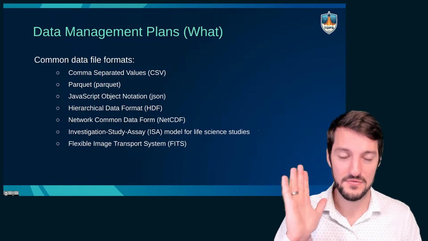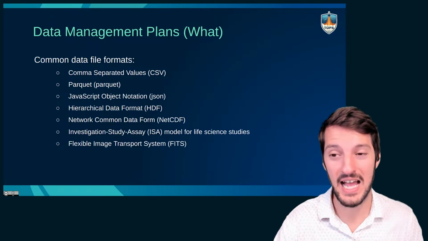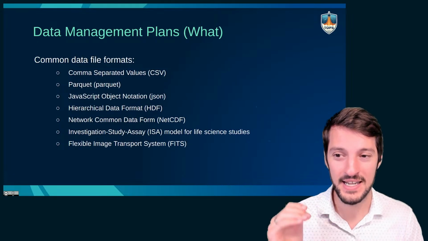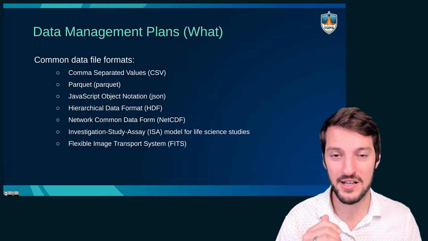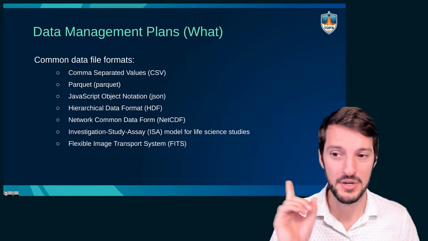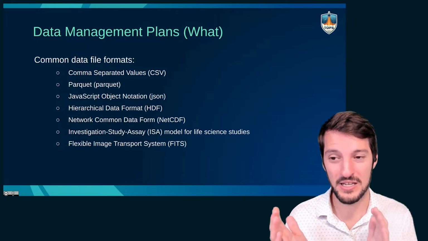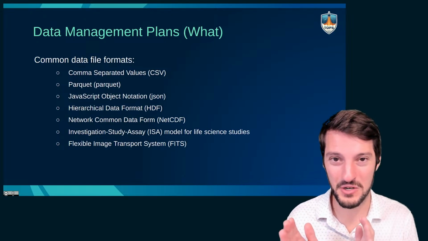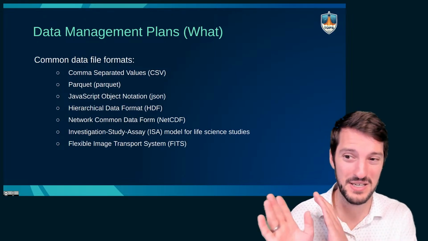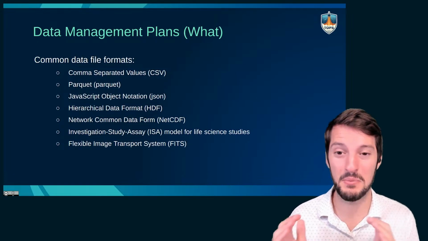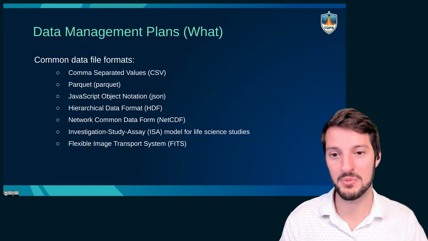Parquet files, though, are specifically for tabular data. They're typically for large volumes of tabular data, and they're becoming an increasingly common standard to use. But I will say, for large data that you're going to want to store in a Parquet file, I'm not talking about 100 rows. I'm not talking 1,000 rows. I'm talking about once you get to 10,000, 100,000 plus rows of tabular data, then it's time to think about a Parquet file.